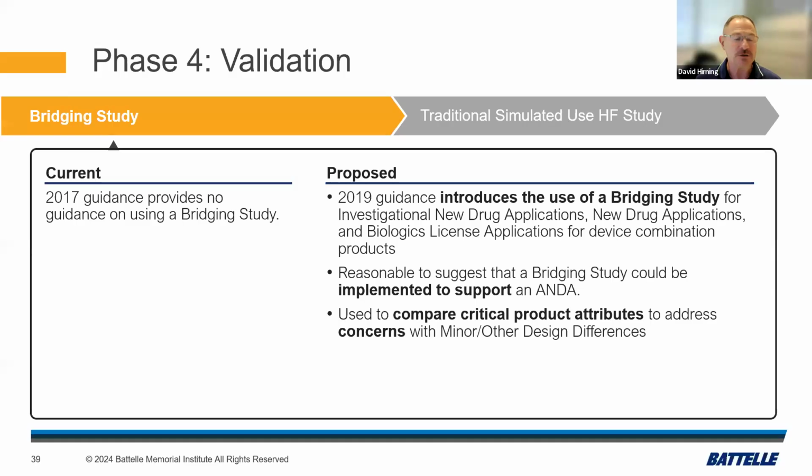However, we're going to look at two others and the way that we've proposed implementing them. The first one is in 2019, there's a guidance that introduced a bridging study.